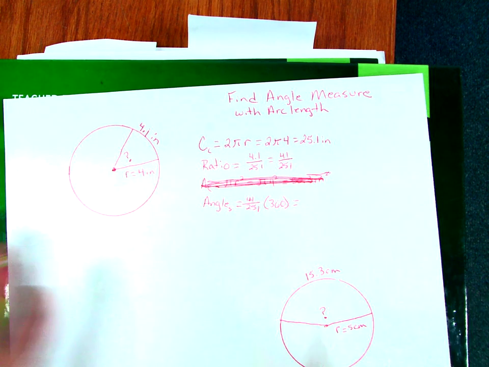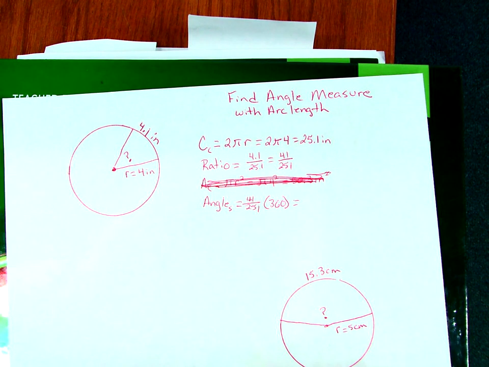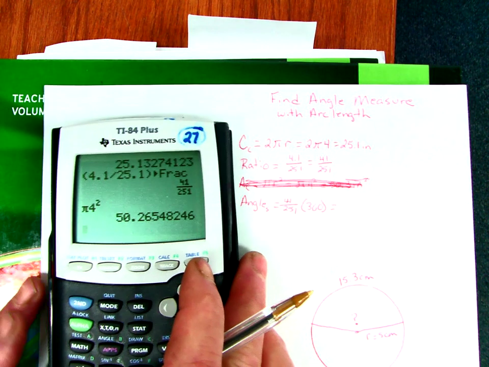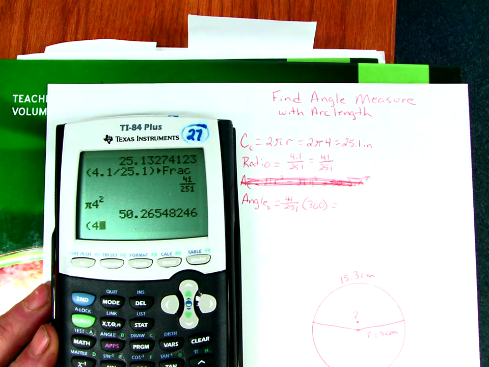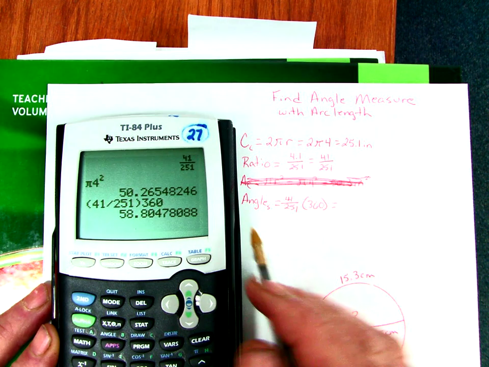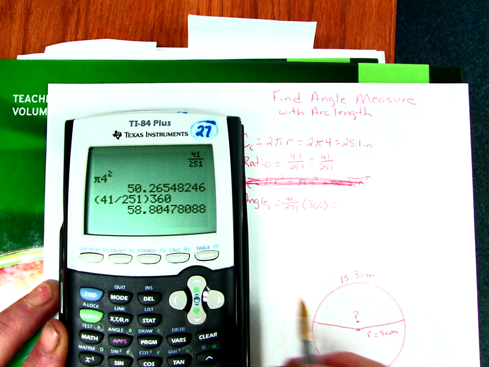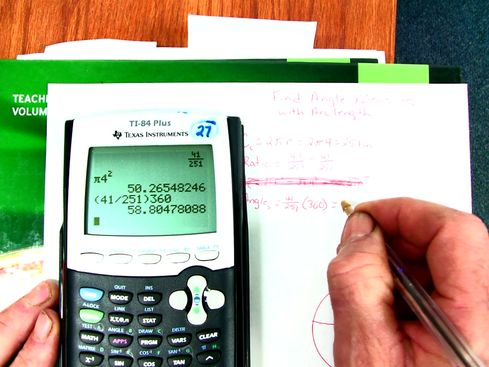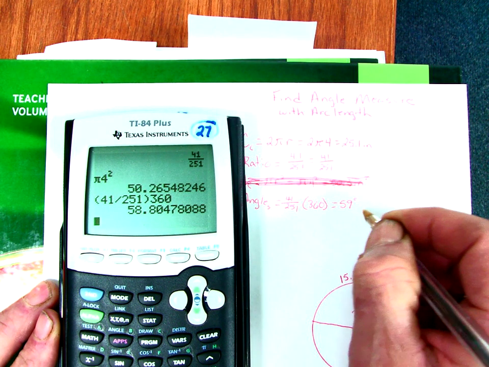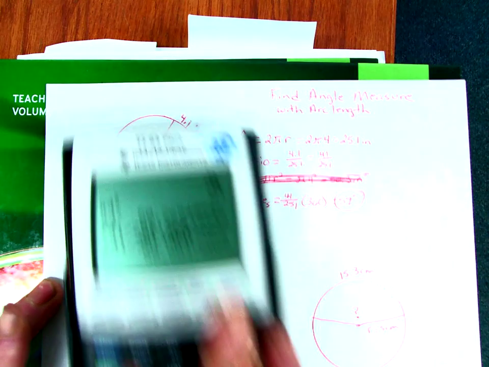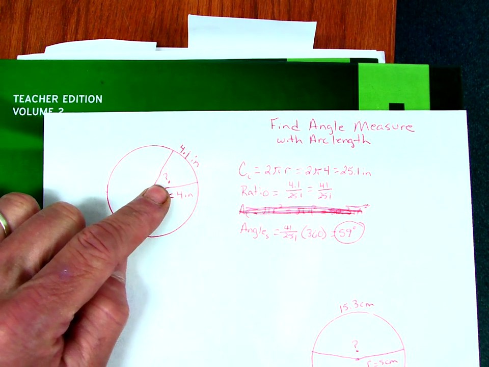That's going to give us the portion of the circle that sector is. So 41 divided by 251 times 360, 58.8. I'm just going to round that up to 59 degrees. That's the measure of this angle right here.